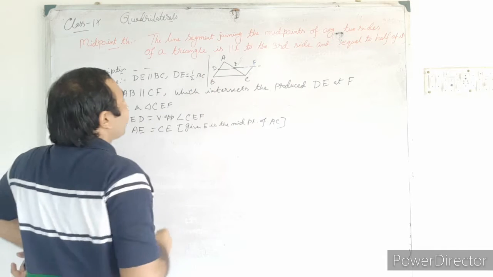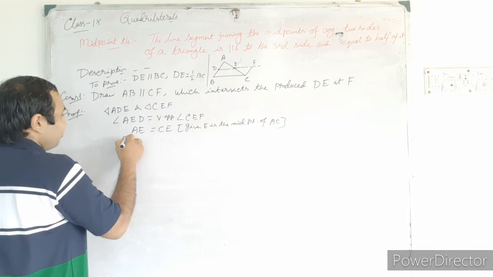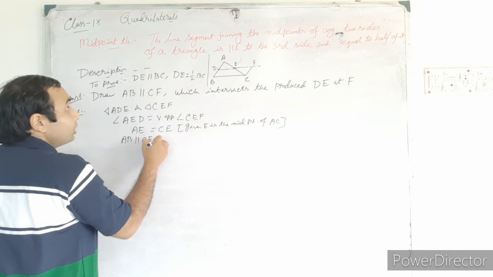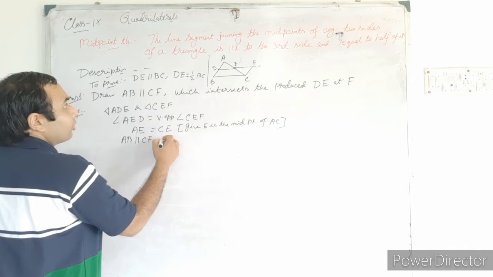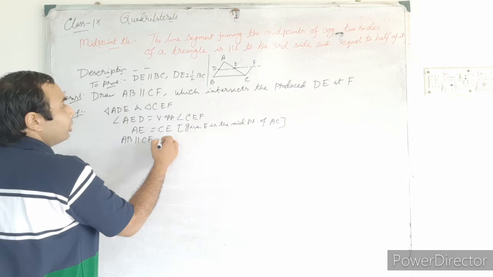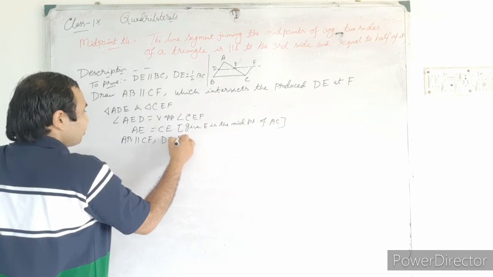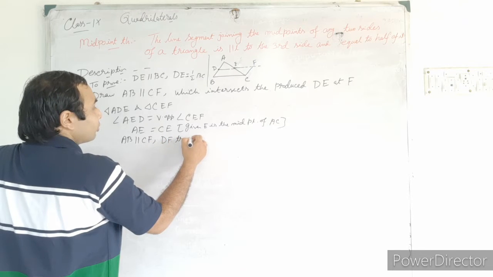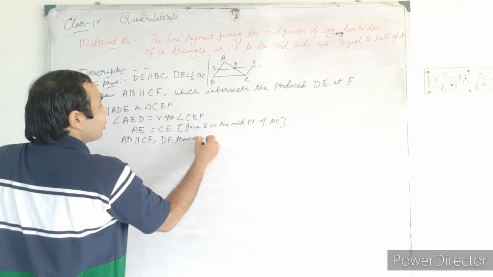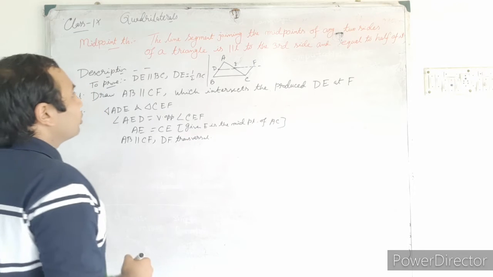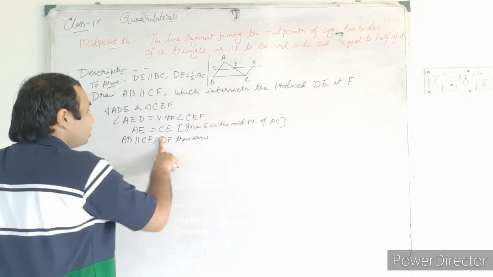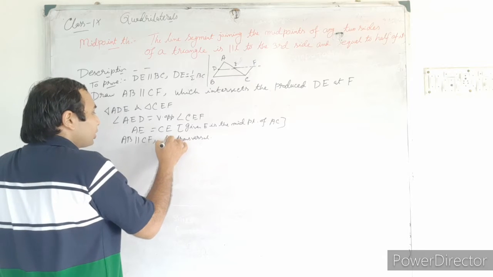Here AB is parallel to CF, and then AC will be the transversal.